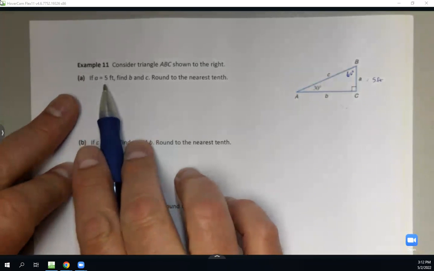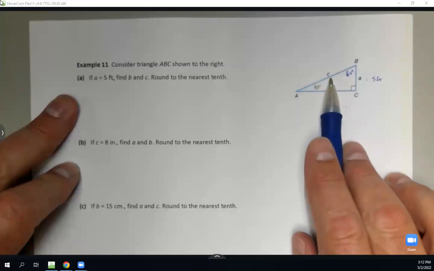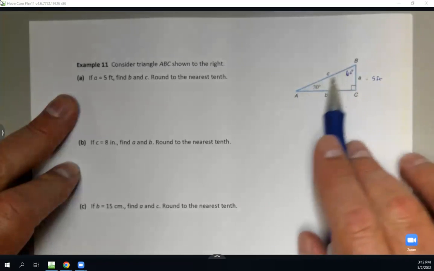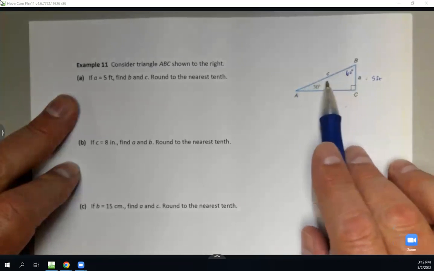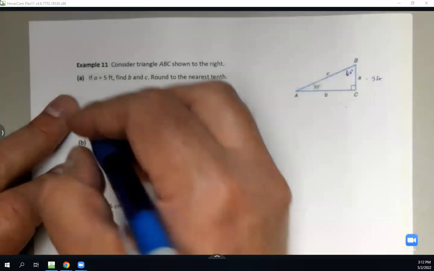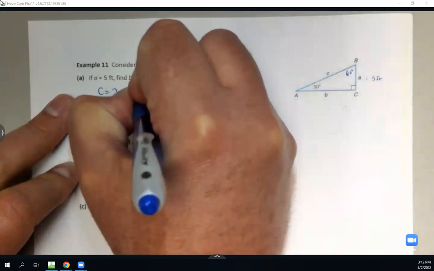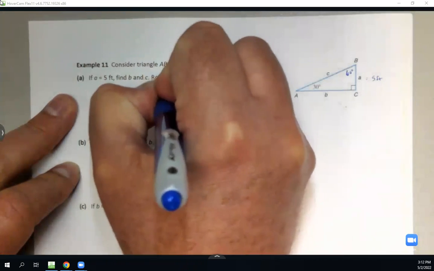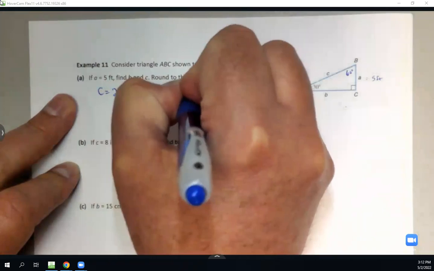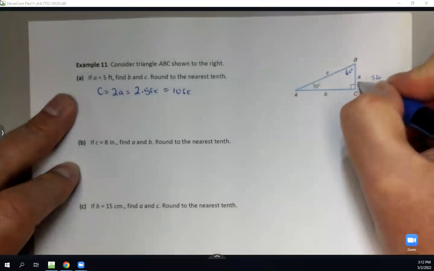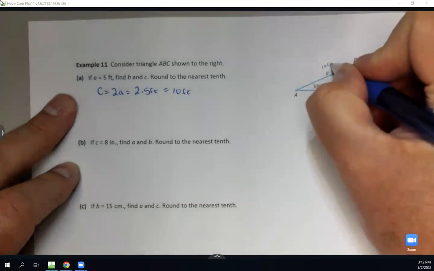So I know the shorter leg. If I want to find the hypotenuse, C, it's going to be double the shorter leg. So C is going to equal 2 times A. So that's 2 times 5 feet, which is 10 feet. So if this is 5 feet here, this has to be 10 feet.